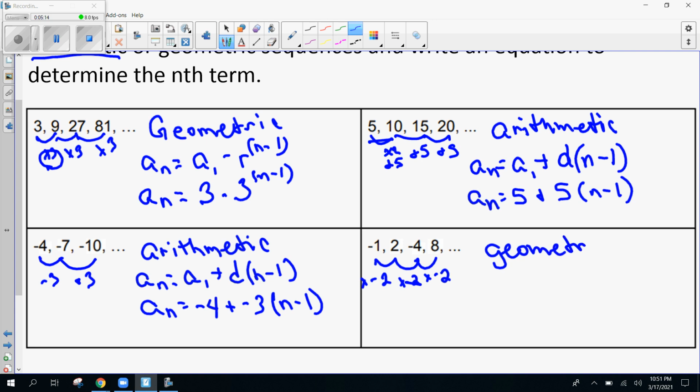And with geometric, we use the formula a sub n equals a sub 1 times r to the n minus 1. Plug in the first term, which is -1, times our common ratio, -2, to the n minus 1.